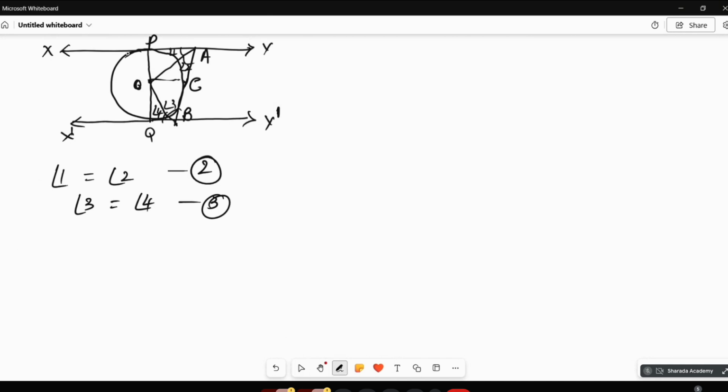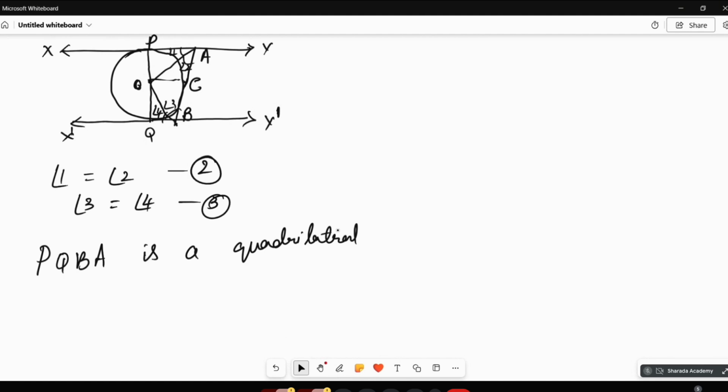Now, if I take PQBA, PQBA is what? It is a quadrilateral. Angle P plus angle Q, they are also 90. You can do it both ways, it's the same.